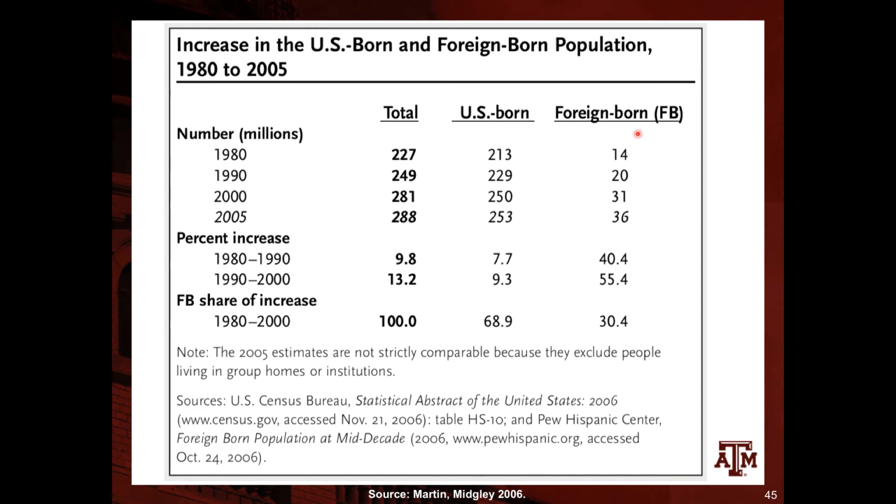And when we consider the foreign-born population within itself, they increased 40% between 1980 and 1990, and 55% between 1990 and 2000. And the foreign-born share of increase was 30%, as I mentioned in the previous slide, from 1980 to 2000. So they are contributing a lot to the increase of the overall population in the US.